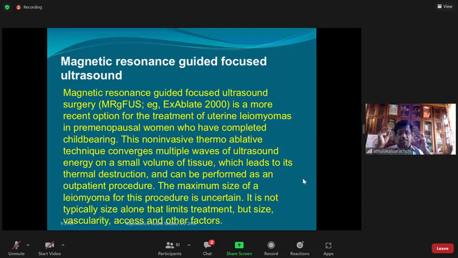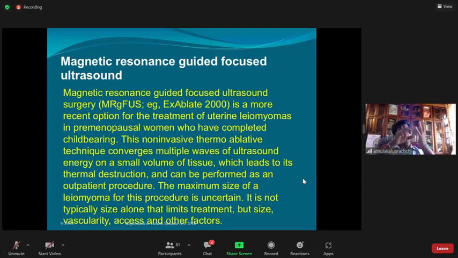So basically, it's like delivering high energy to the fibroids, and you can reduce the fibroid by making it avascular. It's an ablation technique where you destroy this fibroid.